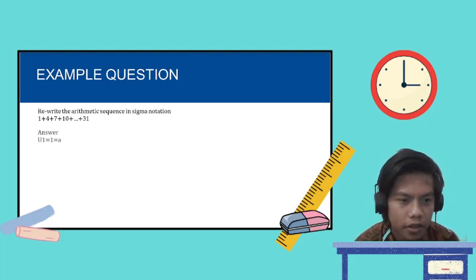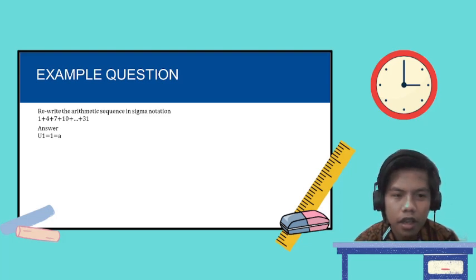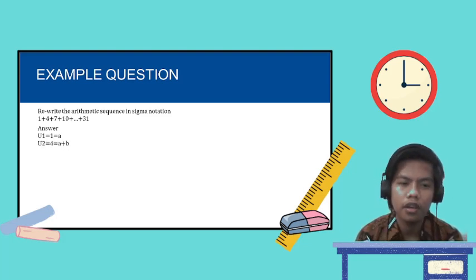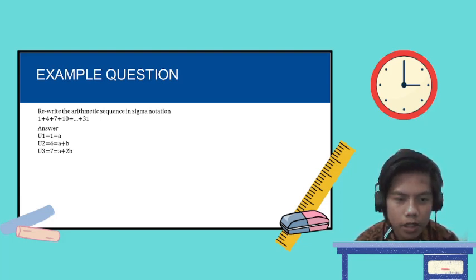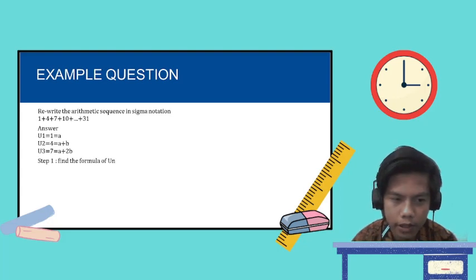The answer: we have U1 equals 1, let's call it A. And U2 is 4, that equals A plus B. And U3 that equals 7, that is A plus 2 times B.